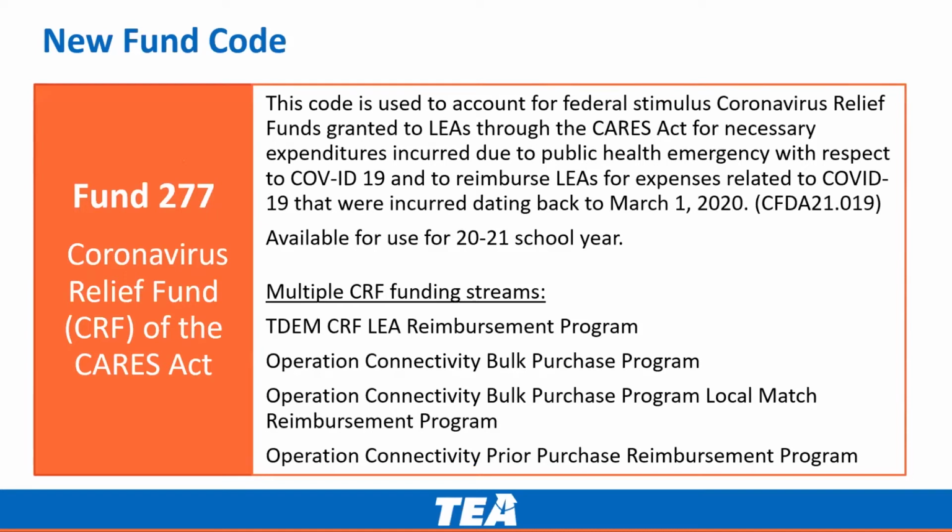And then Fund 277, this is your coronavirus relief funds. And this had several funding streams, the TDM reimbursement program, any of the operation connectivities that you took advantage of. And then even if your city or county had a local match, you would use Fund 277 for that.